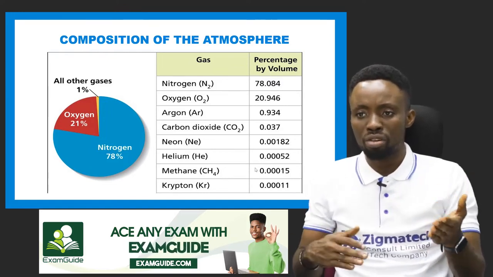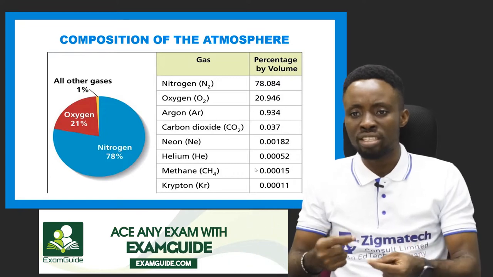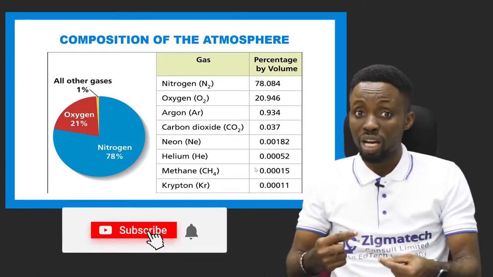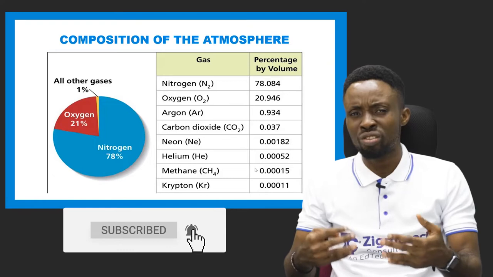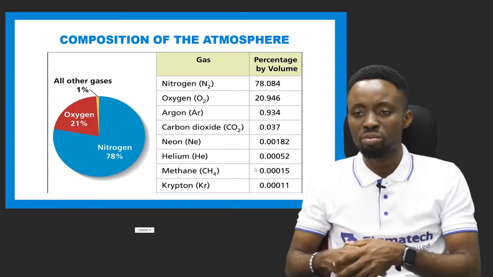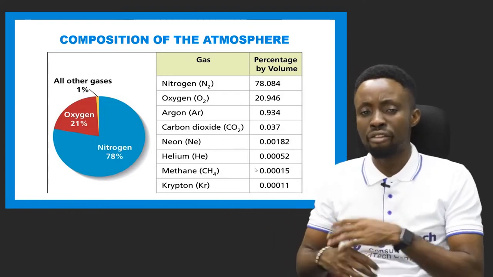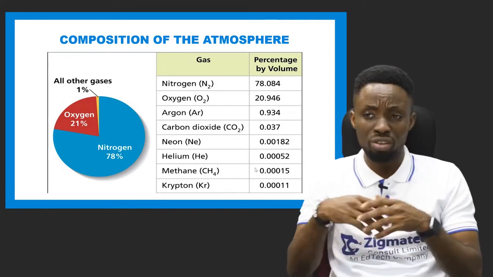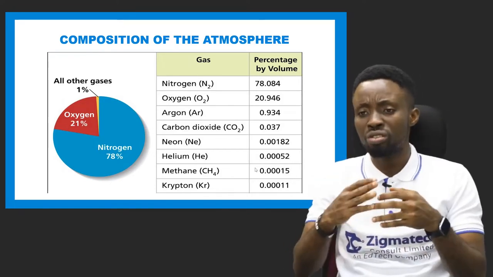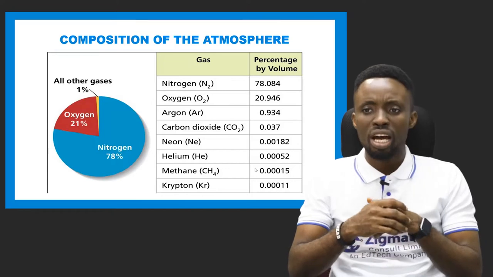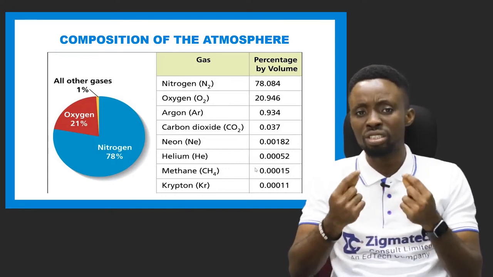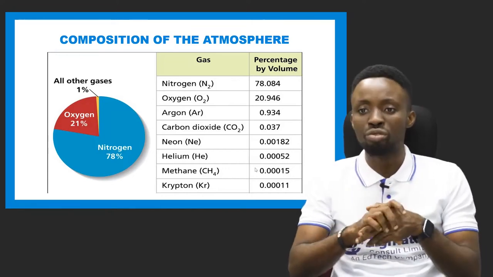And then we also have krypton, which is almost the least in terms of the noble gases in the atmosphere, at about 0.00011% by volume. Then we have methane as an organic gas in the atmosphere. Methane is about 0.00015%. And these gases are in very minute amounts in the atmosphere.